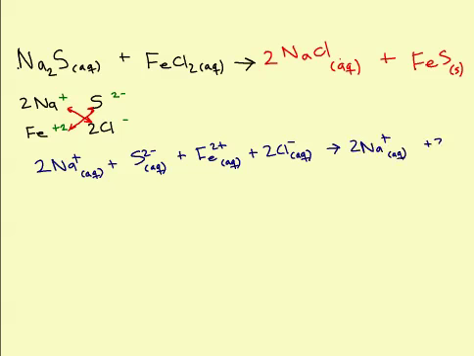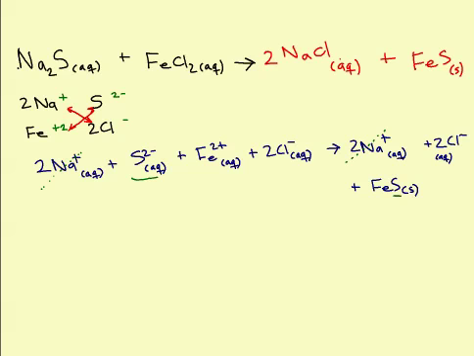Now let's look at getting my net ionic. To get my net ionic, I'm going to use my ionic here. I have sodium as an AQ ion on both sides. Sulfide is AQ on the reactant side, but it's in the solid on the product side. So that is involved in chemistry. I'm going to keep it. Iron is AQ on my reactant side, but it's in a solid on my product side.